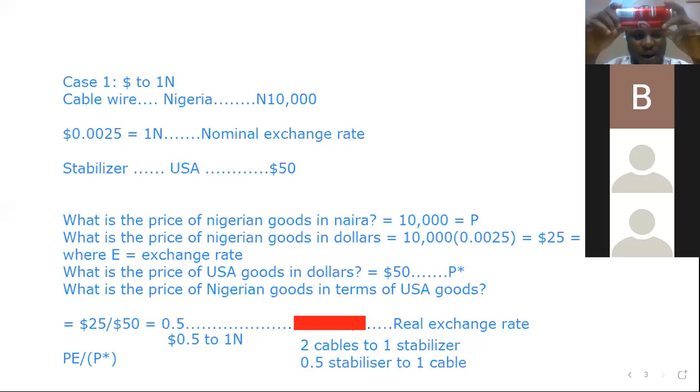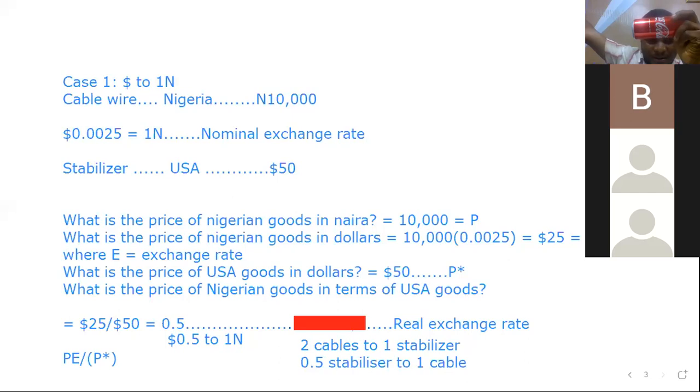That's 10,000 naira. The next question is, what is the price of the Nigerian goods in dollars? If I exchange this 10,000 naira, what will it be in dollars? Remember, I've set my exchange rate to be dollar to naira, which is 0.025 to 1 naira. The exchange rate will now be 10,000 naira times 0.025, which is P times E. Then, what is the price of that stabilizer, the USA goods, in dollars?